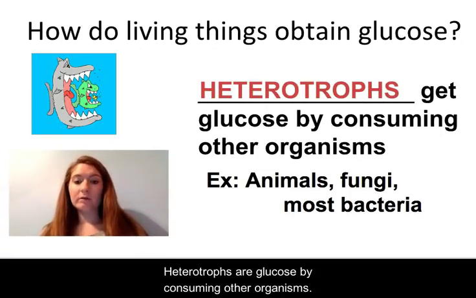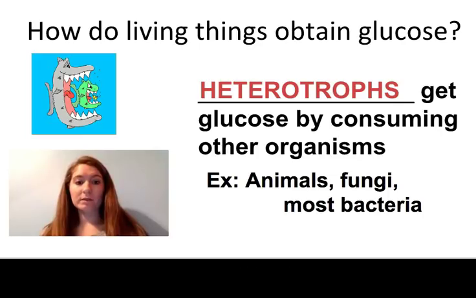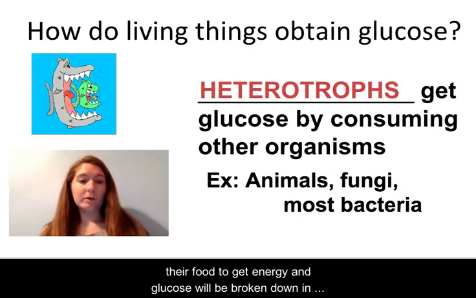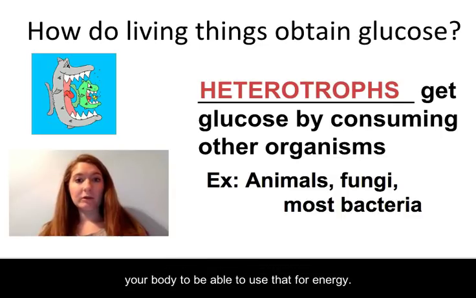Heterotrophs can get glucose by consuming other organisms. So animals, fungi, and most other bacteria, they will eat their food to get energy, and glucose will be broken down in your body to be able to use that for energy.